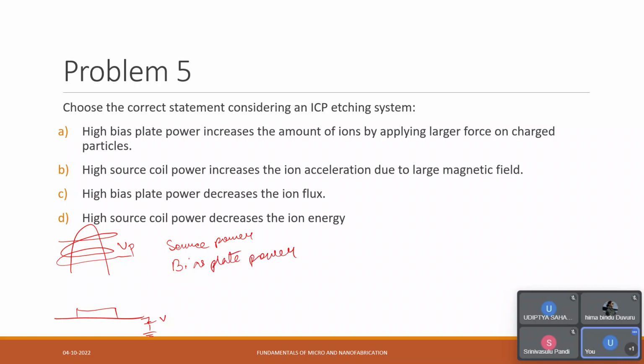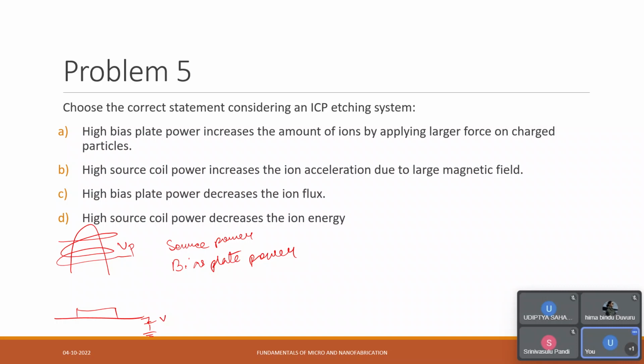Source power is something that helps in generation of the plasma, and essentially the ions. So with an increase in source power, we increase the number of ions generated, or the density of the ions, or what we should basically say, the ion flux. So with the source power increasing, the ion flux increases.